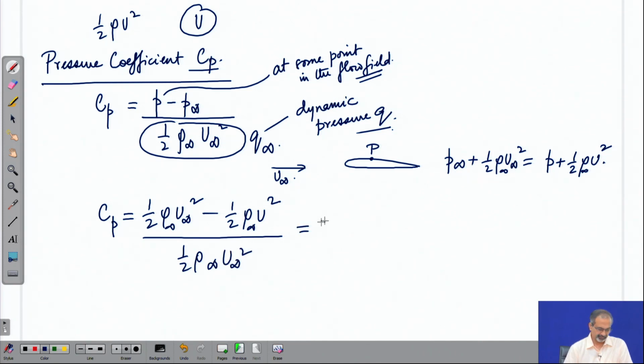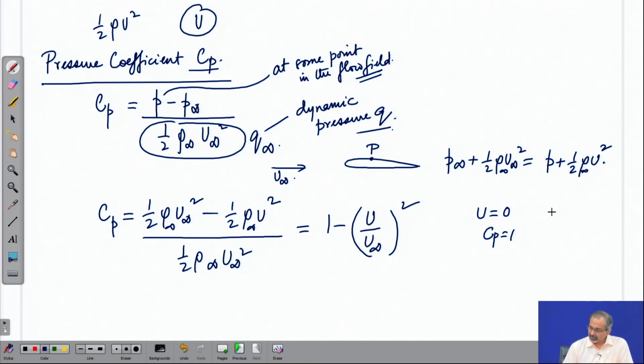And then you will find that it reduces to this. So, this is an expression which is again valid only for incompressible flows, and remember that at the stagnation point, for example, u will be equal to 0, and therefore, Cp will be equal to 1. So, in incompressible flows, Cp equal to 1 is the maximum, which occurs at the stagnation point.